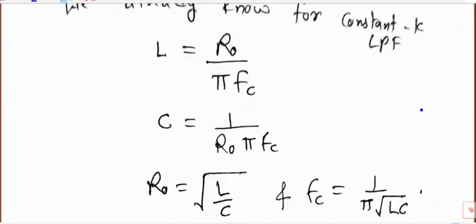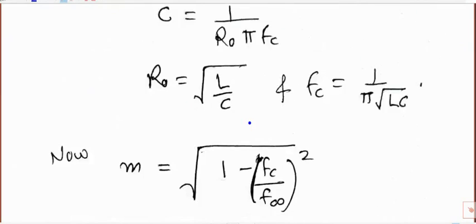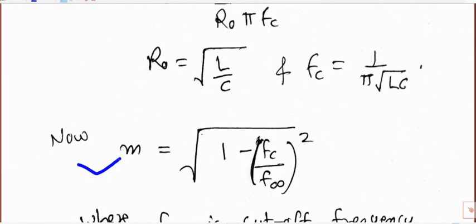We already know for our constant K low pass filter, L is R0 divided by pi fc, C is 1 upon R0 pi fc, the design impedance is under root L by C, and the cutoff frequency is 1 upon pi under root LC. We just have to calculate the value of M, and accordingly, in the circuit diagram, ML by 2, just calculate this value. Then ML by 2 once again.